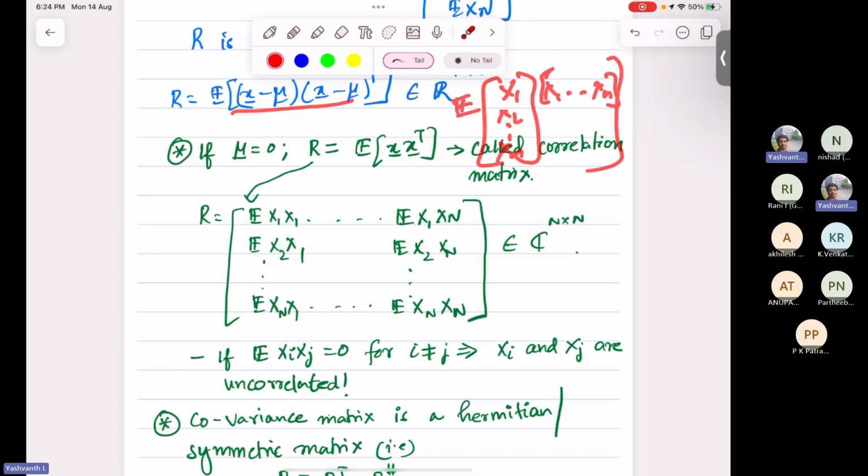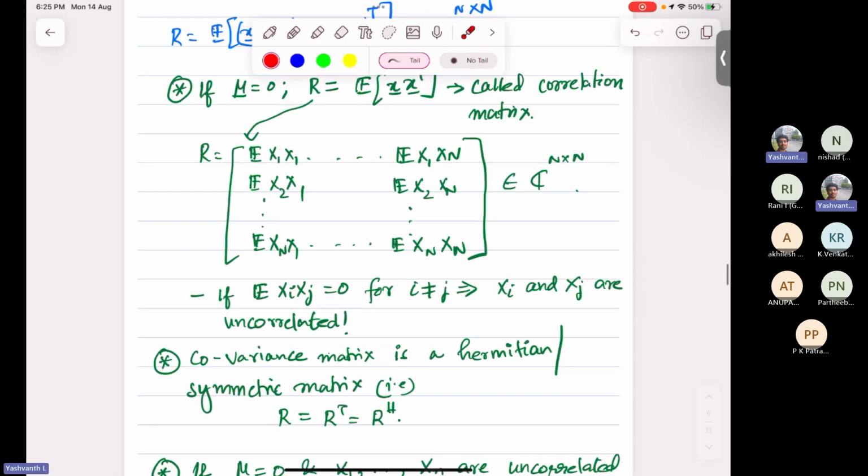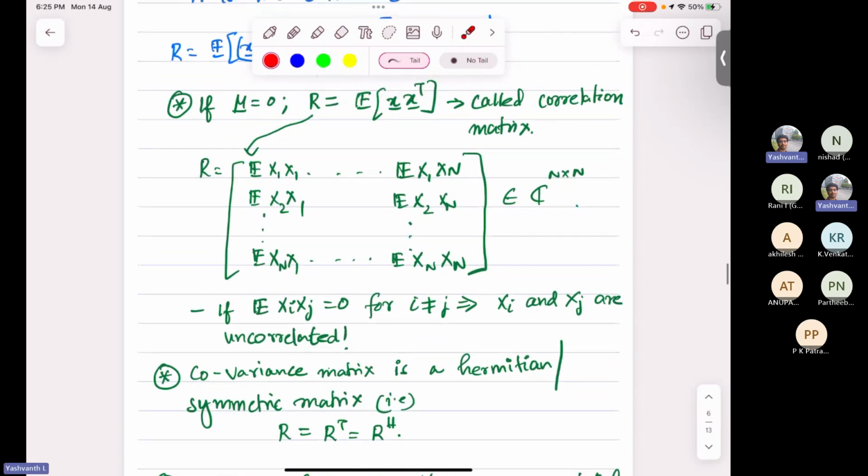Just expand this and you will get this particular matrix. This is an n by n matrix. Now, if the expected value of xi, xj equals 0 for i not equal to j, then xi, xj are said to be uncorrelated. This is all what the professor had taught.